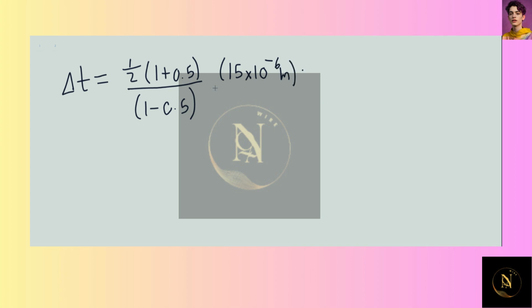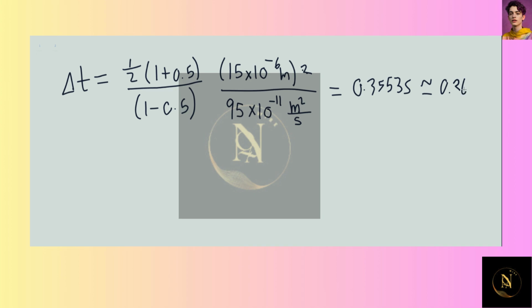We have to square that as per the formula. And we divide that by the diffusion parameter, which in this case is 95 times 10 to the negative 11 meters squared per second. Once we number crunch this, we end up with 0.3553 seconds, which we can approximate to about 0.36 seconds. So we got our time scale.